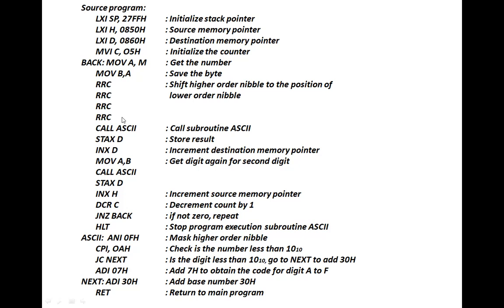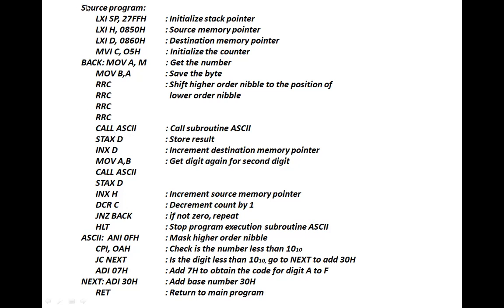And once this process is over, it is required to extract the higher order nibble first, which is shifted to the lower order nibble. So for that purpose, we are using a subroutine, and the name of the subroutine is ASCII. So we are going to call the ASCII subroutine. So it is called by name.